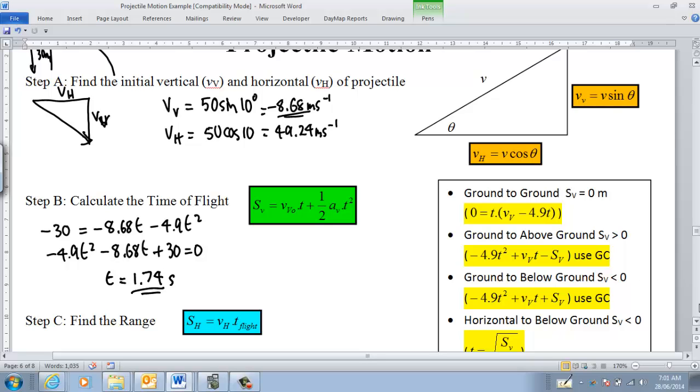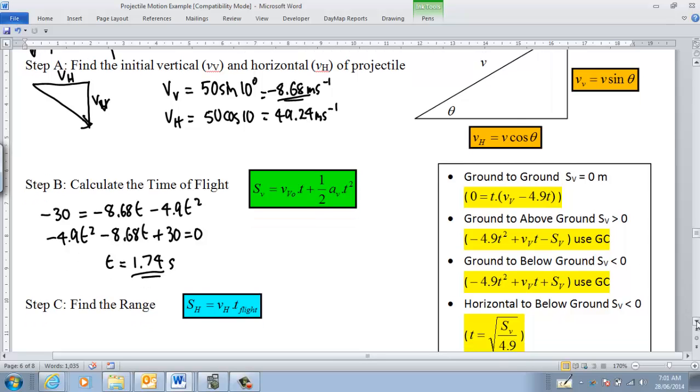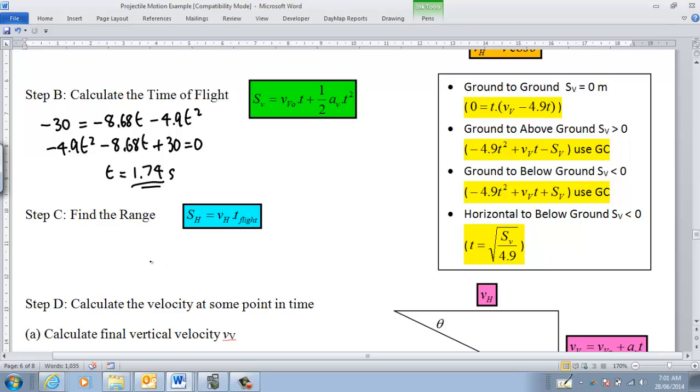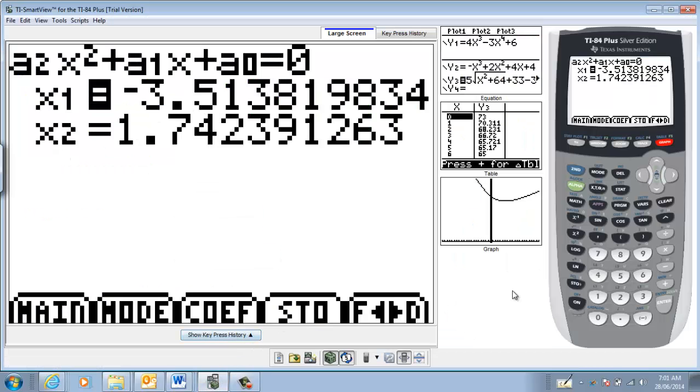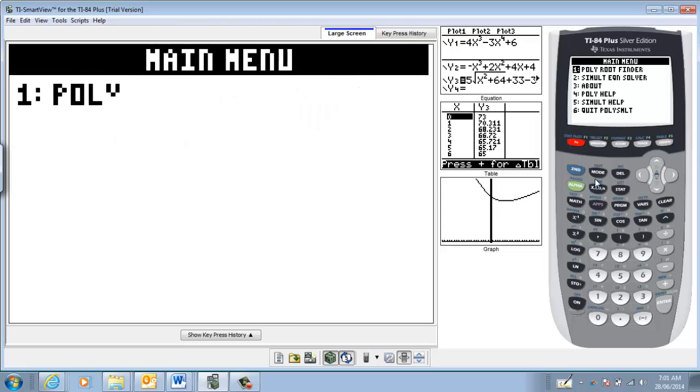Now, everything else is again going to be the same sort of information. To find the range, SH is equal to our VH. Now, VH is 49.24 times our time of flight, which is 1.74. And so you can work that out. Remember, we have to quit out of here.